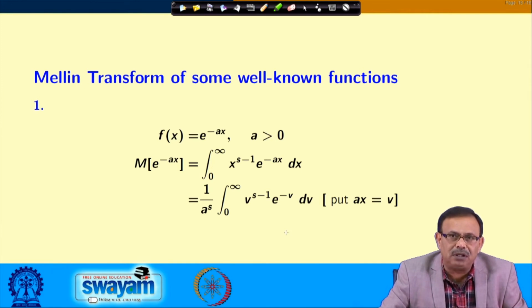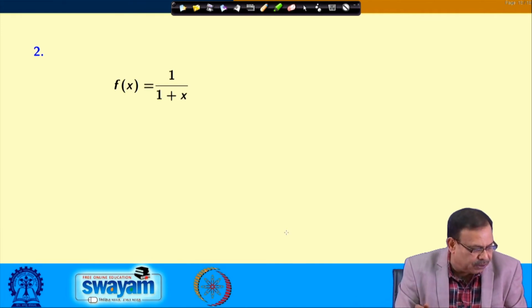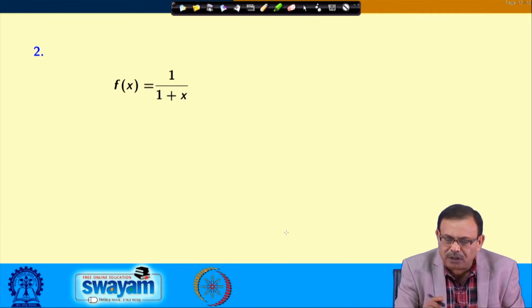And this integral is nothing but gamma s, so the result is gamma s by a to the power s. Therefore, the Mellin transform of e to the power minus a x is equal to gamma s by a to the power s. The second one, if we take f x equals 1 by 1 plus x.